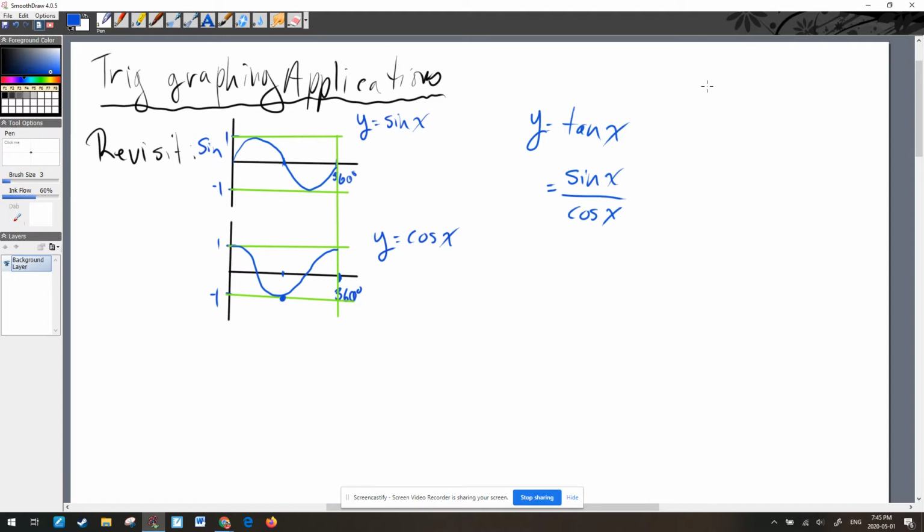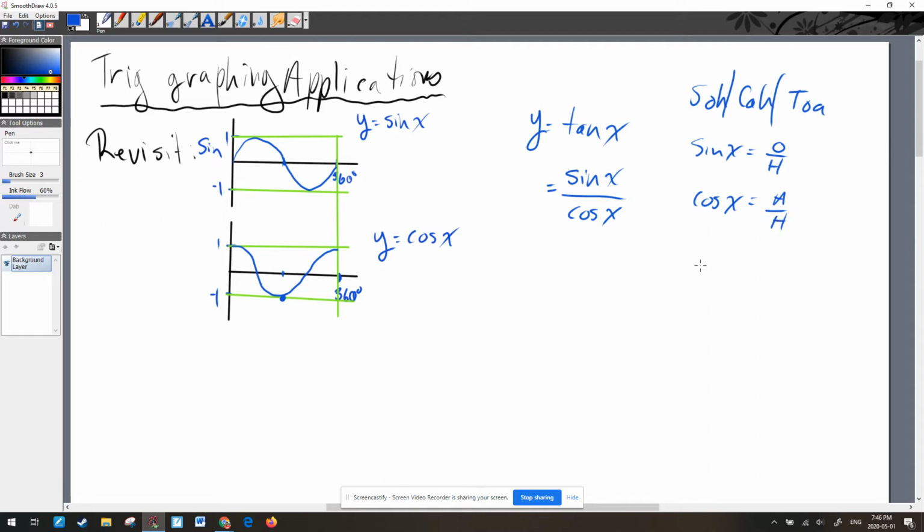That plays out if we think about SOHCAHTOA. We know the sine of x equals opposite over hypotenuse, and the cosine of x equals adjacent over hypotenuse.